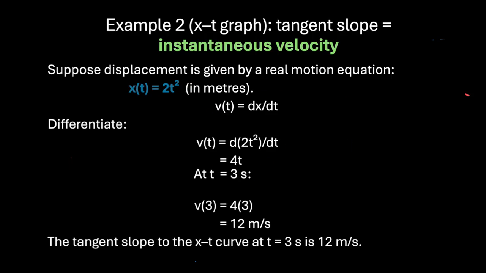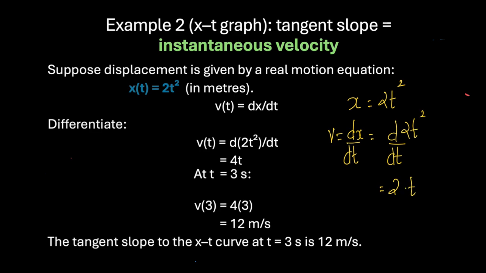So x is equal to 2t square. What is v? It is d by dt of x, which is d by dt of 2t square, which is therefore equal to 2 times t to the power 2 minus 1, which is 4t to the power 1, or 4t.